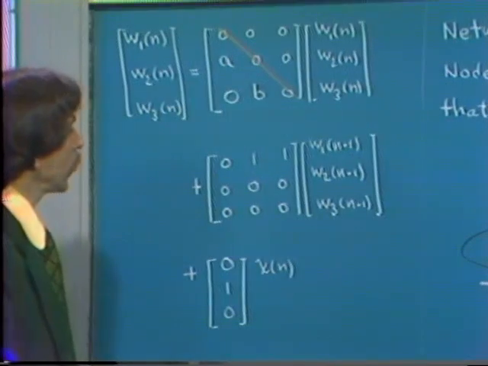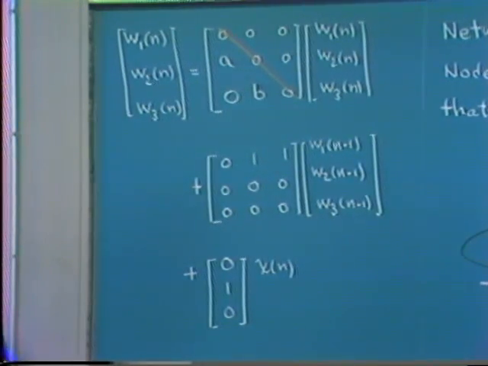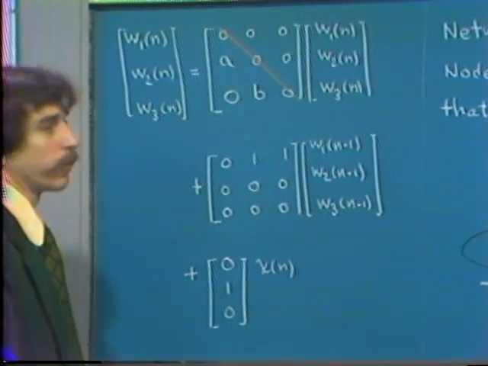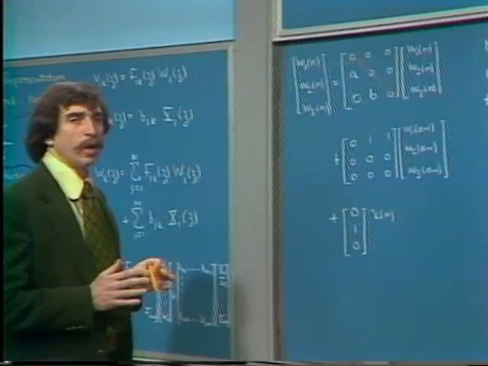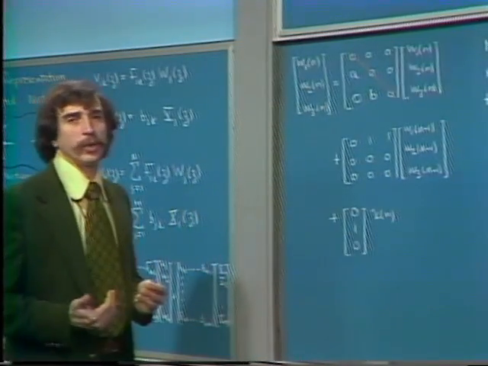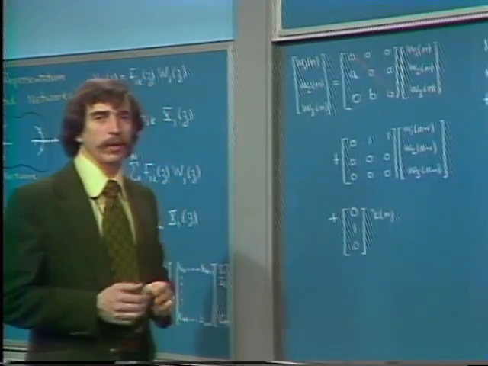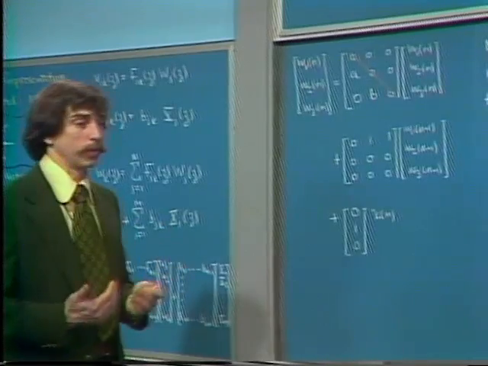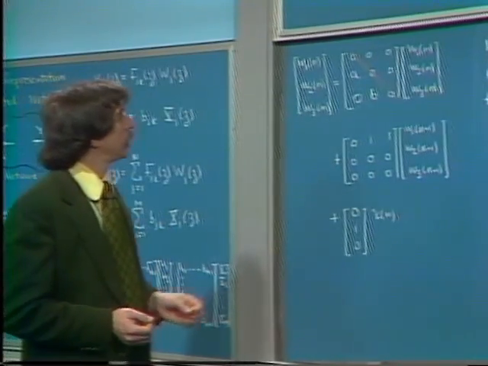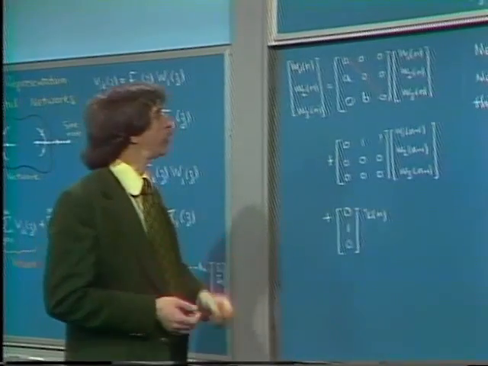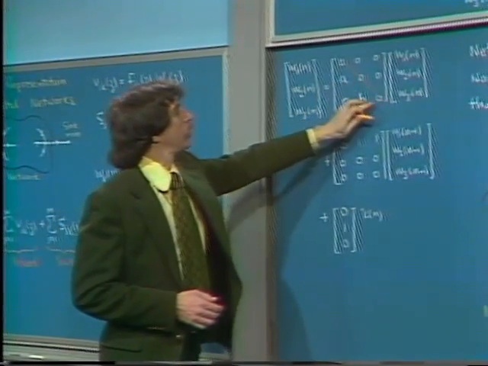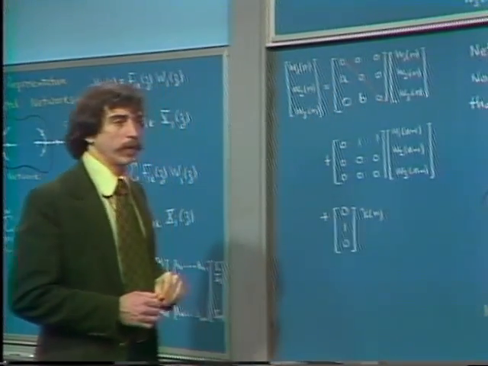diagonal. It turns out that you can show, and it's not too difficult to do, that a necessary and sufficient condition for the node numbering to correspond to a computable network, or to be a computable numbering, is that this coefficient matrix has to have the form that there are no non-zero elements on or above the major diagonal.